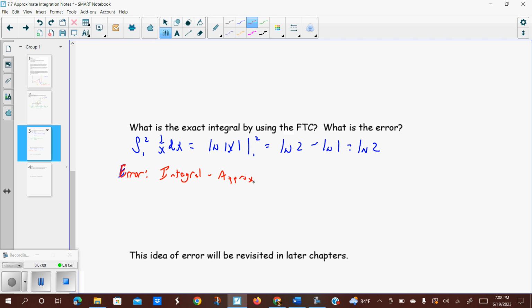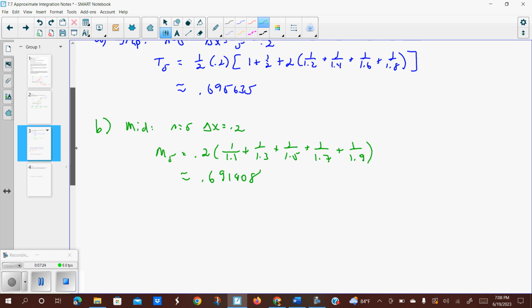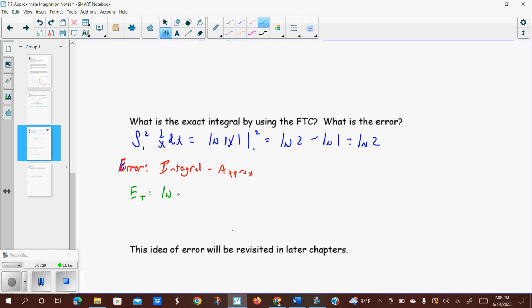So let's figure out what the error is in our trapezoid method. So the exact integral, of course, gives us the natural log of 2. And the approximation was 0.695635. So it's the natural log of 2 minus 0.695635.